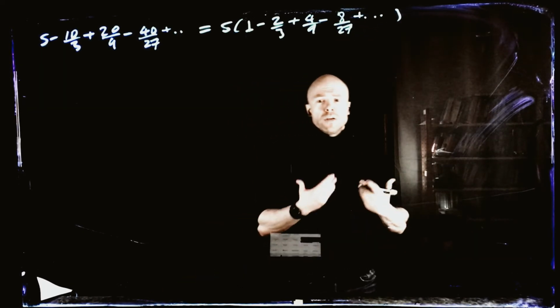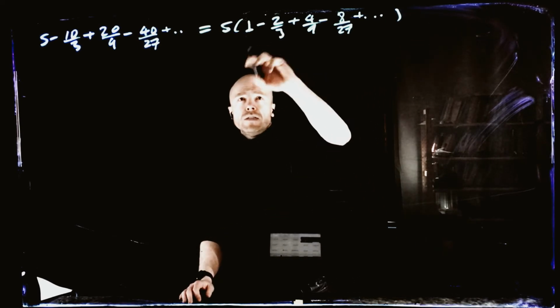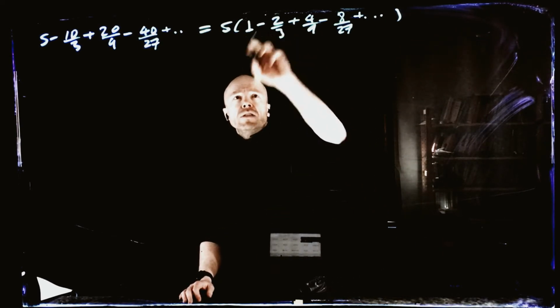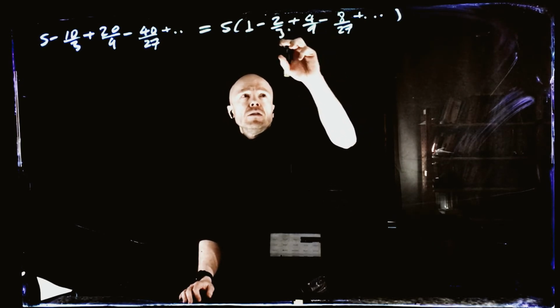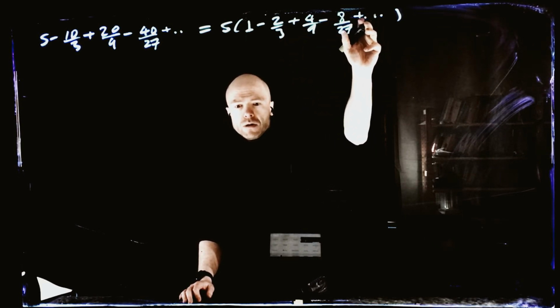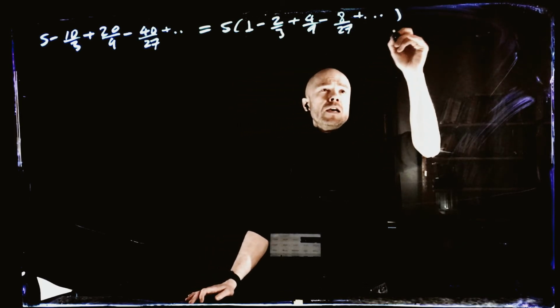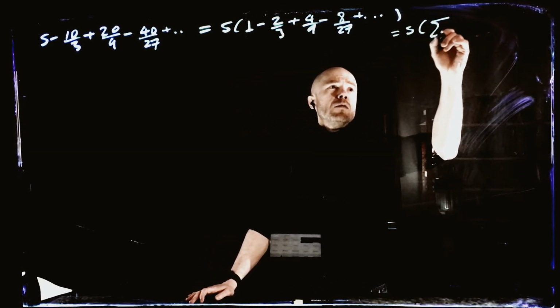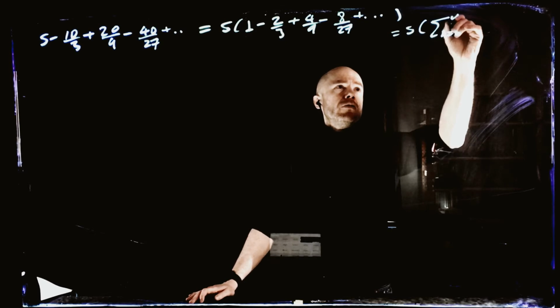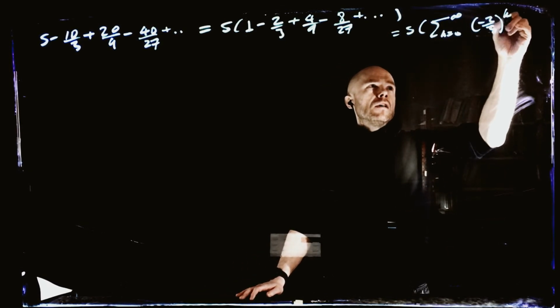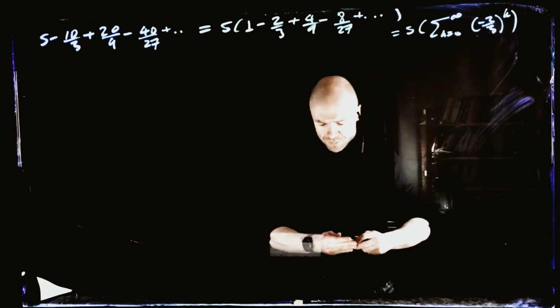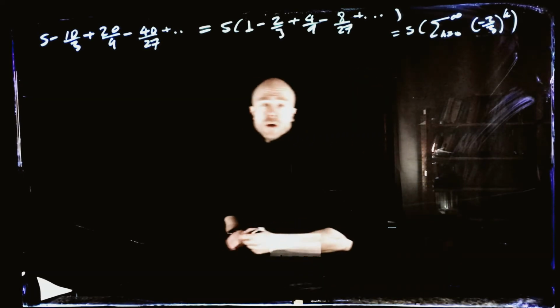And now we see a geometric series structure emerging because this is minus 2 over 3 to the 0. This is minus 2 over 3 to the 1. This is minus 2 over 3 to the 2, this is minus 2 over 3 to the 3, and so on. Yeah? So this is the same as 5 times the sum from k equals 0 to infinity of minus 2 over 3 to the power k. And once we know this, then we just stick it into the formula, right?